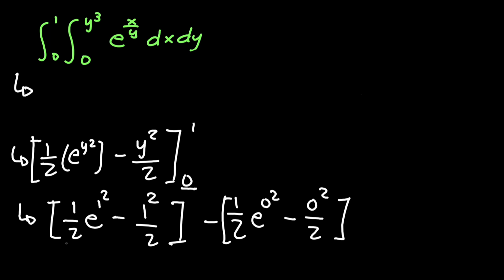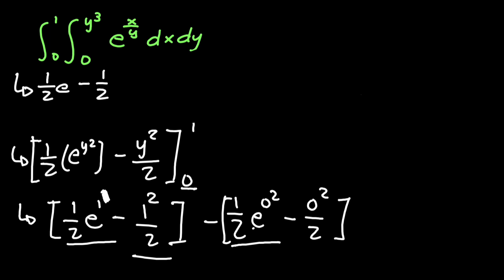Now, let us simplify this first. 1/2 multiplied by e raised to the power of 1 raised to the power of 2. 1 raised to the power of 2 is simply 1. And so this would be 1/2 e. Let's focus on here. It would be negative 1/2. And now let us focus on this next. 1/2 e raised to the power of 0.